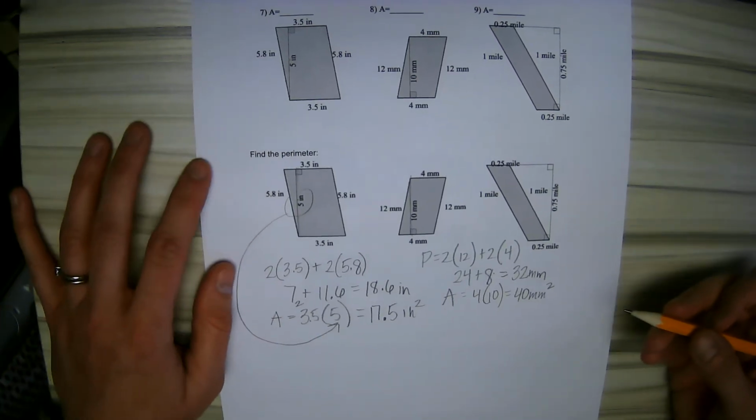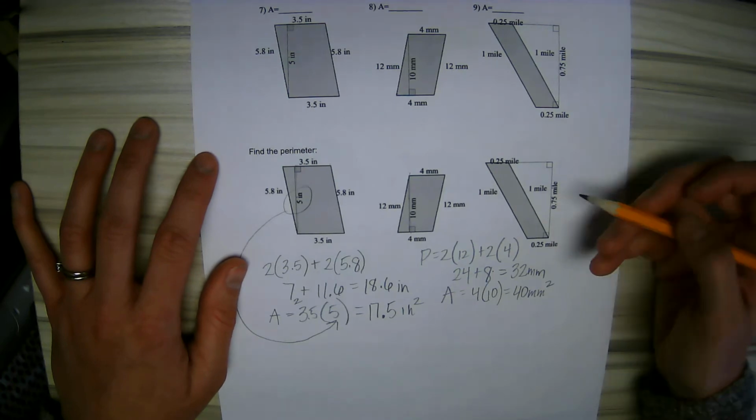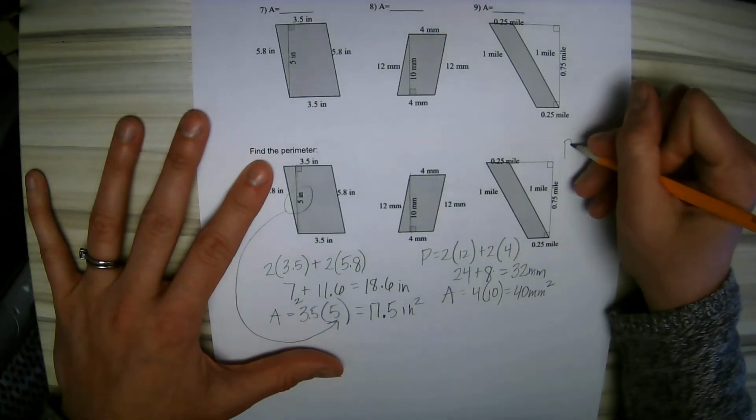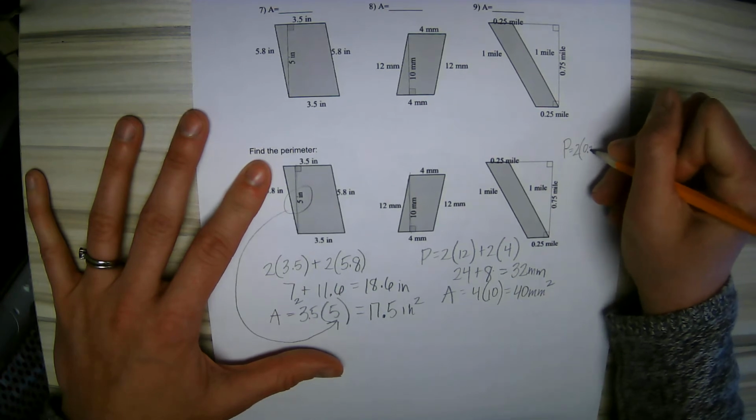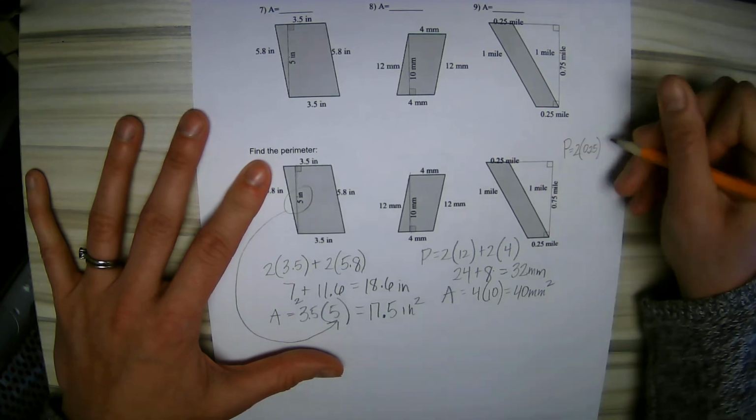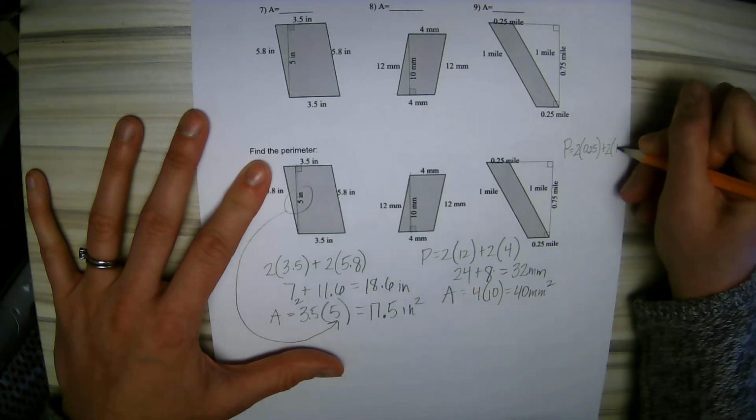And finally, our perimeter here is 2 times 1/4 of a mile plus 2 times a mile.